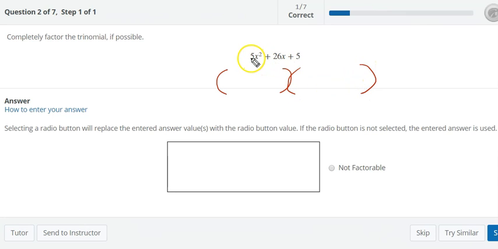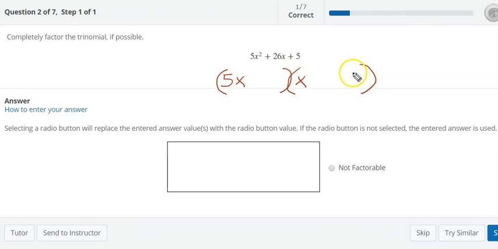Now, as we look at our A term, and again, you have to think about this a little bit. Our A term is prime, so this is going to be a 5x and an x. The last term, the C term, is prime also.